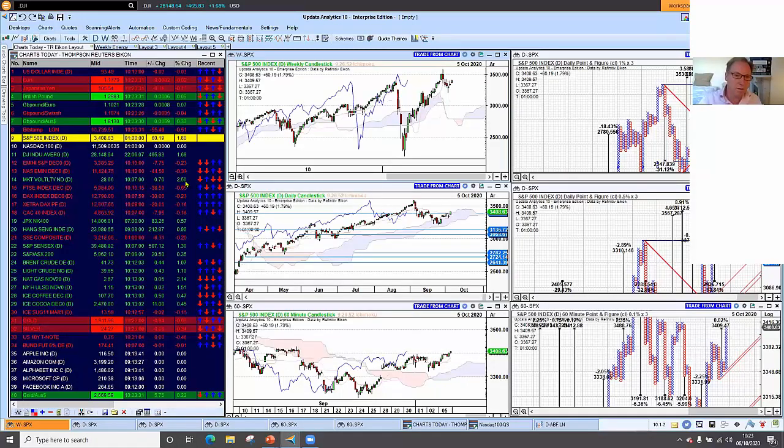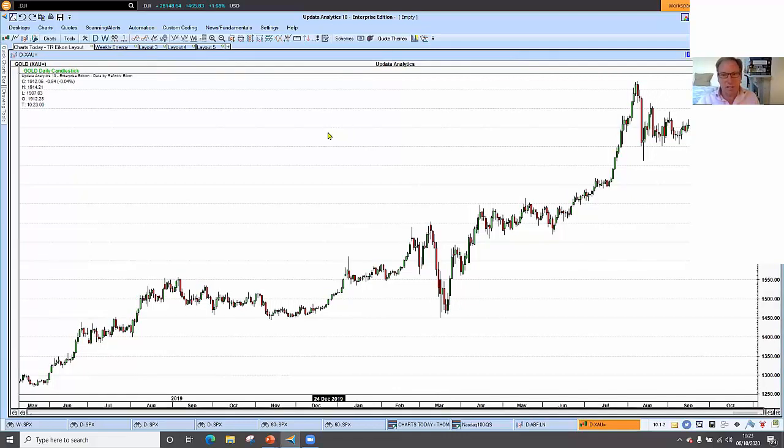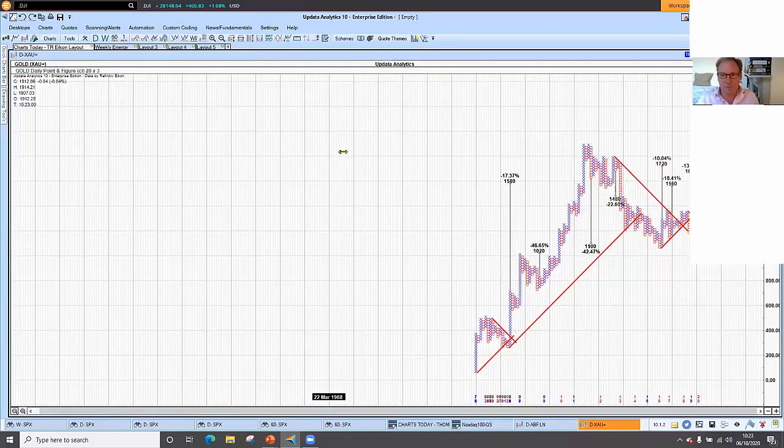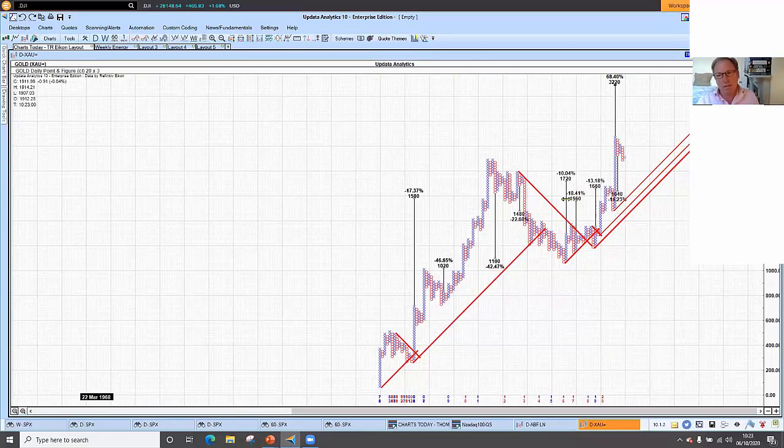Here's a daily chart of gold from cold, if you like. The first thing I do is hit the T key and it puts all the trends and targets on. So this is actually a 20 by 3, and that's not really an ideal box size because you'd probably use 25 or 10, but it's not bad.